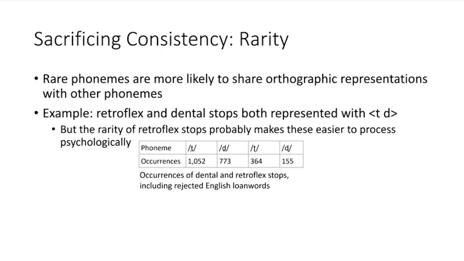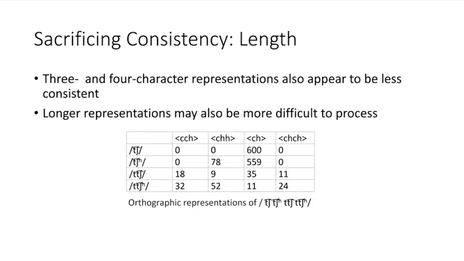So they share these sounds. These sounds share the T and D. Also, going back to that example again of stops and affricates, once the representations get long, the consistency also seems to break down.